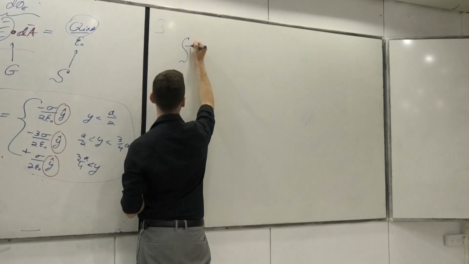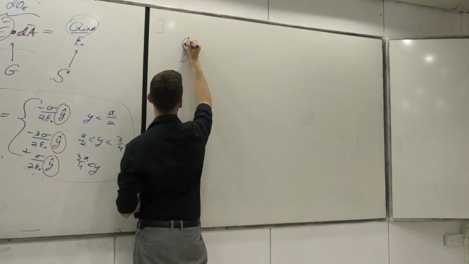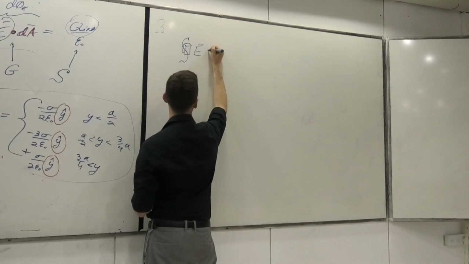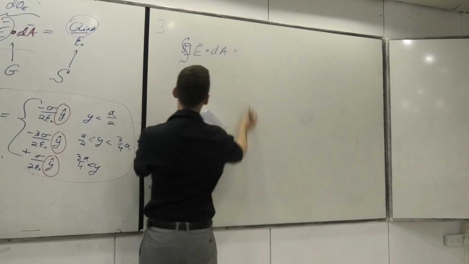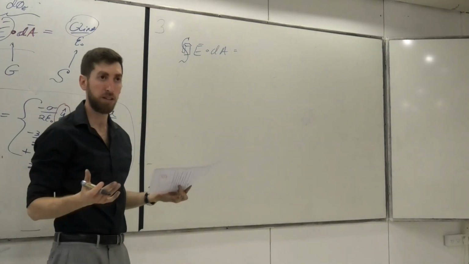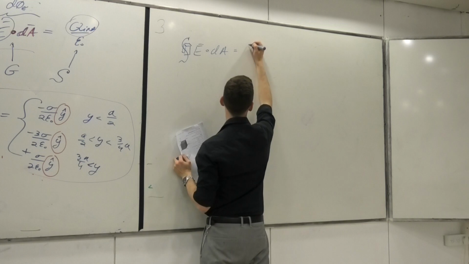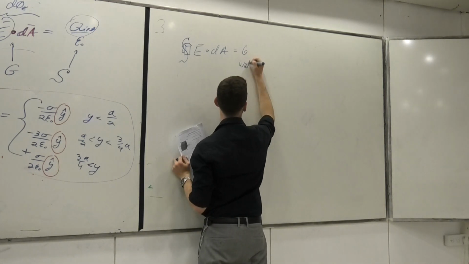So I have this integral and I have this box, okay? The integral of E dot dA. What I can do to the box, I can open it, right? Let's open it to 6 walls.